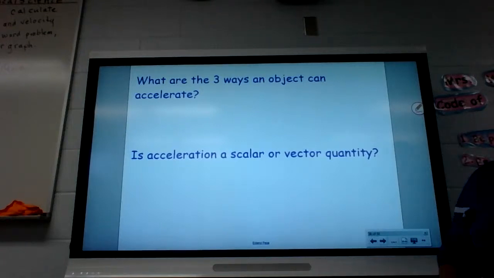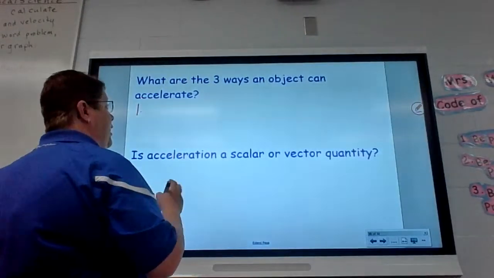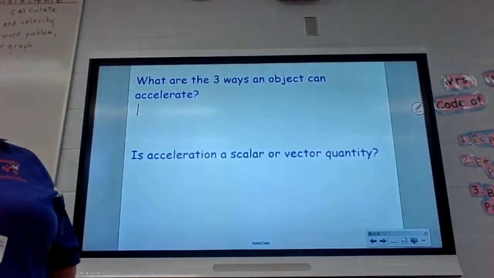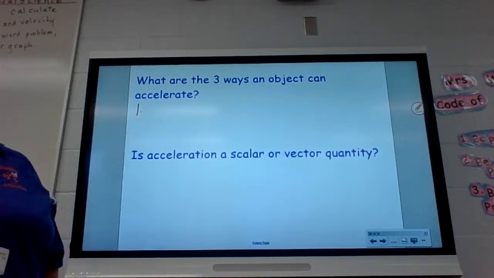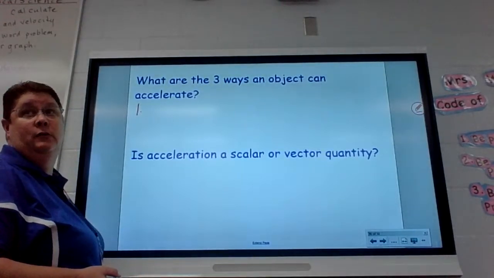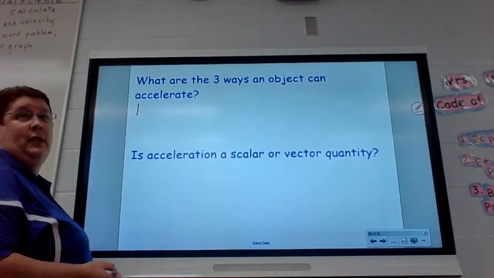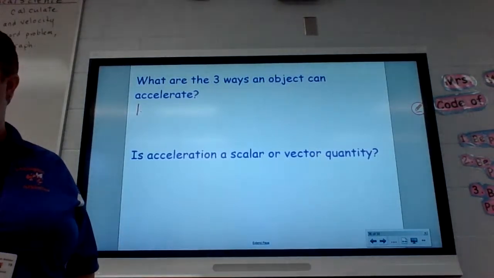So, Arturo said going down a hill. What happens when we go down a hill? Gravity. If we go down a hill, we do what? Do we speed up? Slow down? What happens to us?